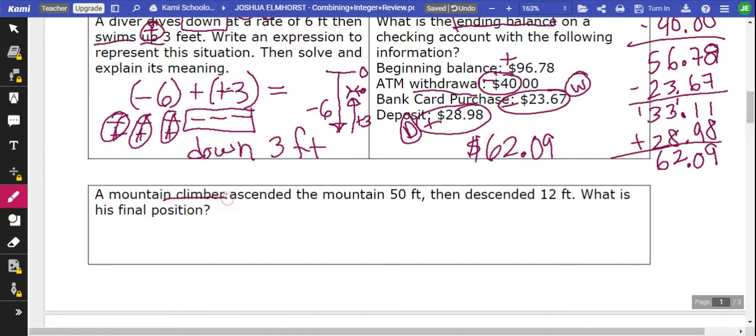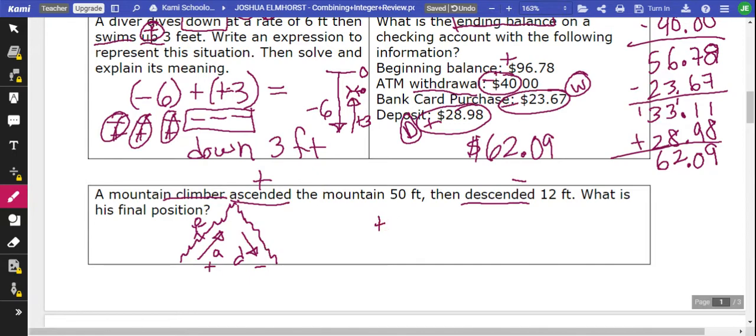So a mountain climber ascended, so that's 50 feet, and then descended 12 feet. Okay, so ascending is going up, and then descending is going down. So it's positive, and then descending is going negative.